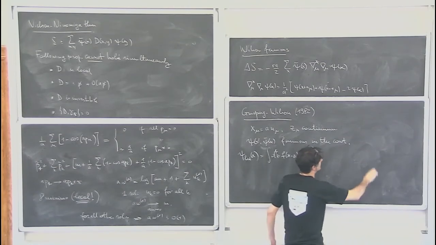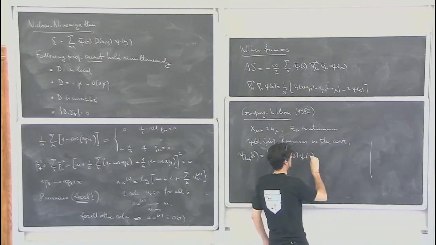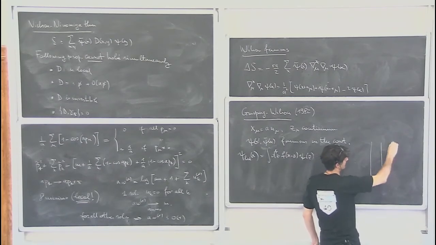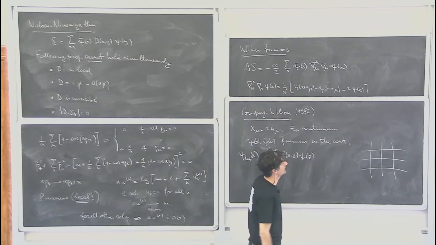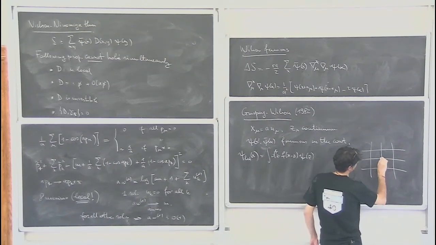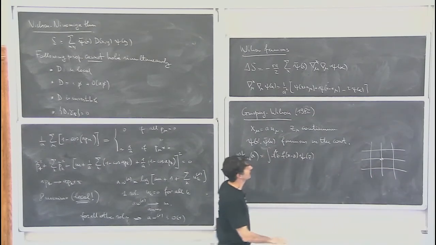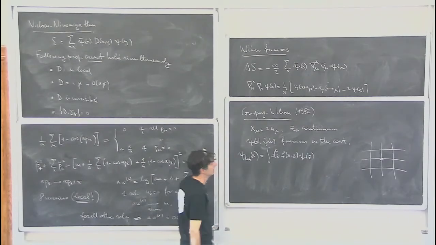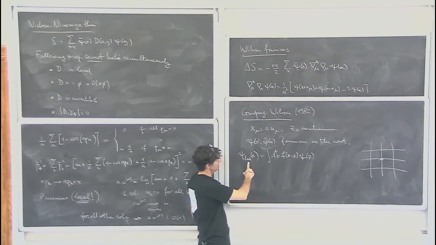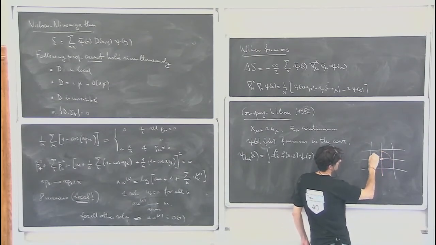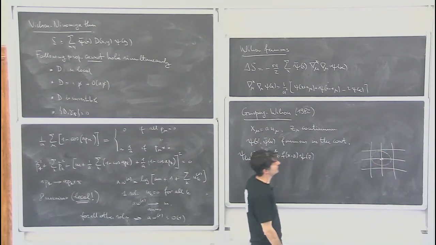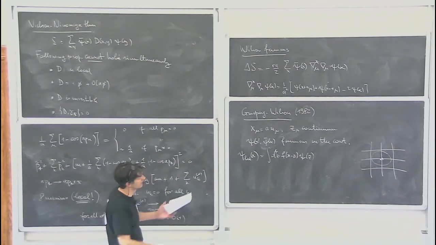Okay? So I've got my lattice. I want to define a lattice field here. I'm going to call it psi lat. And I'm going to define this psi lat as the average of the continuum field over some range.